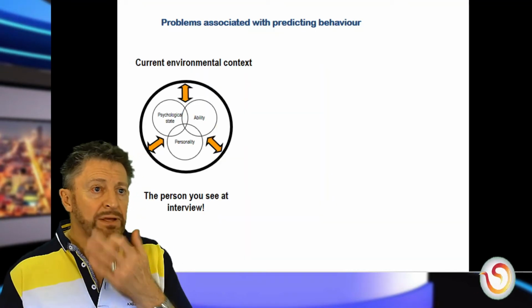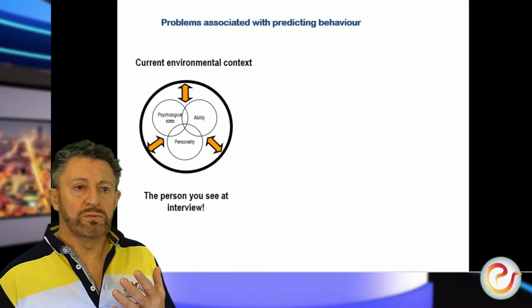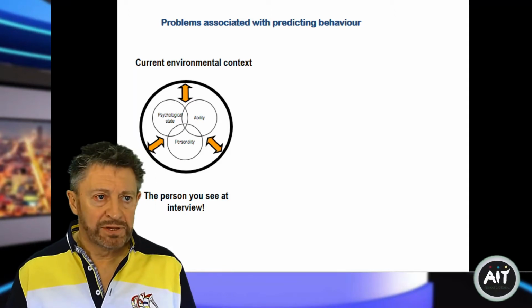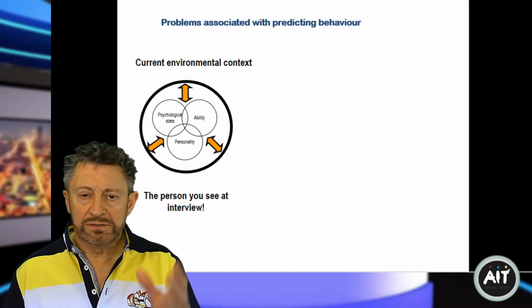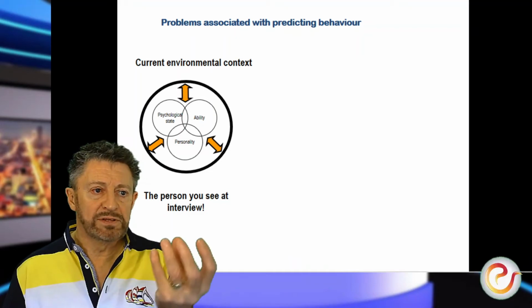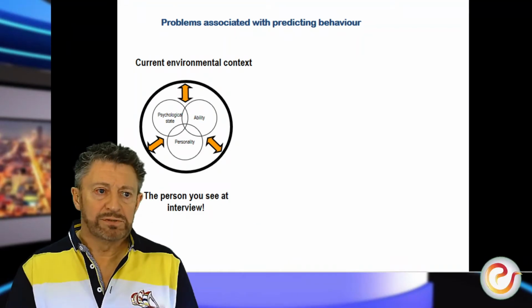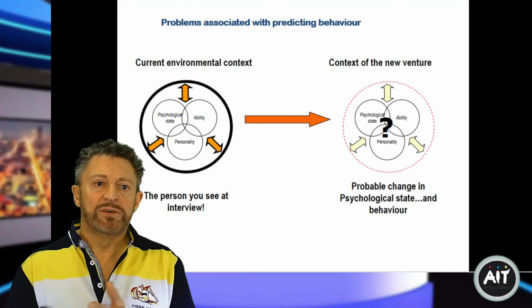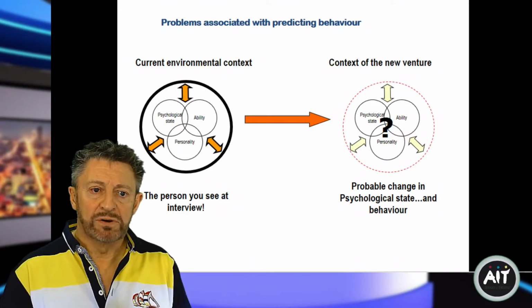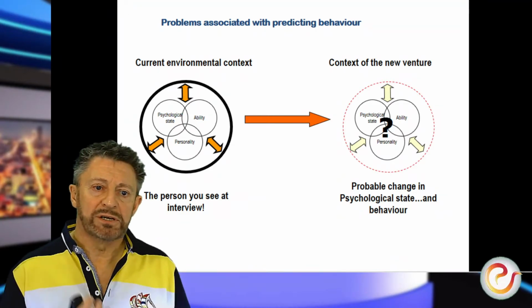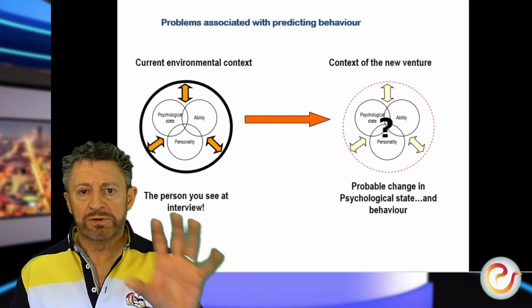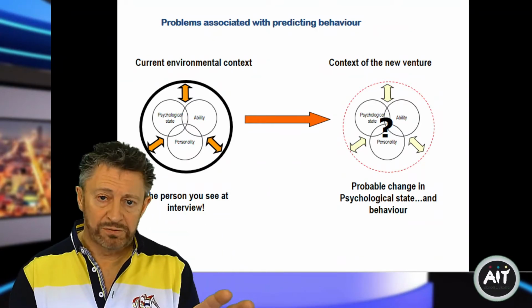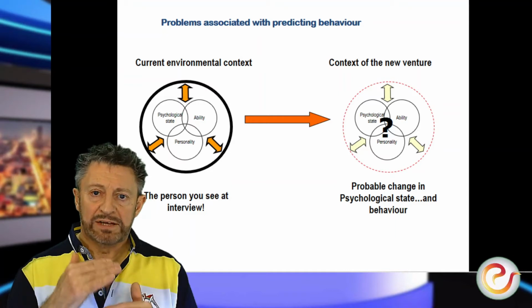Okay. So the problems associated with predicting behavior. So we have a current environment, say, a person you see at an interview and you have these dates. This is the context. Someone has been interviewed. And then we move on to a new venture and so on. So probable change in psychological state and behavior. So someone obviously coming into an interview, they will have levels of anxiety.